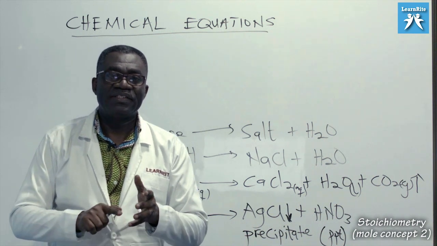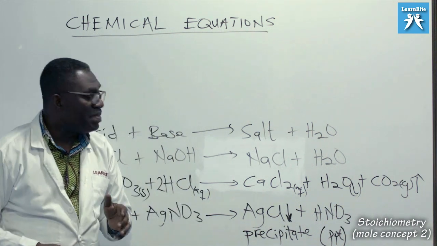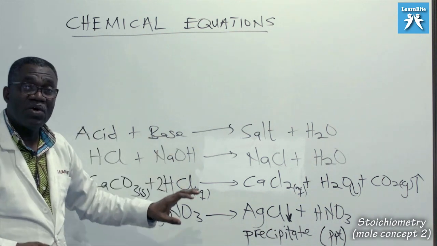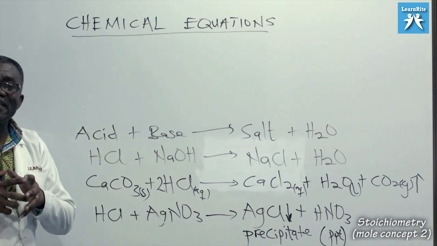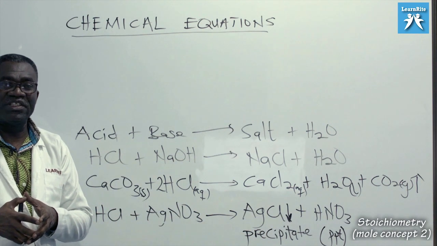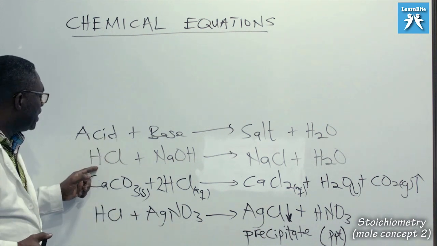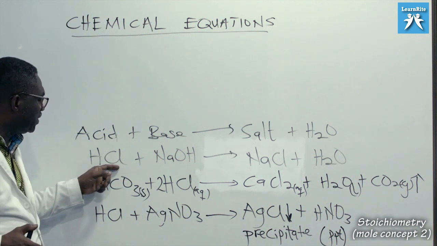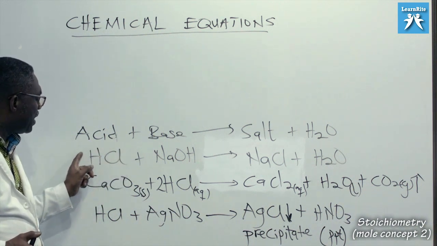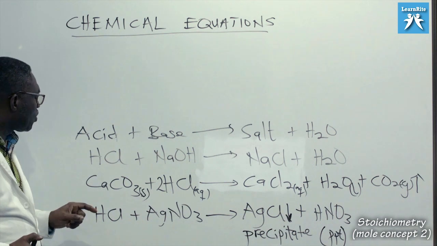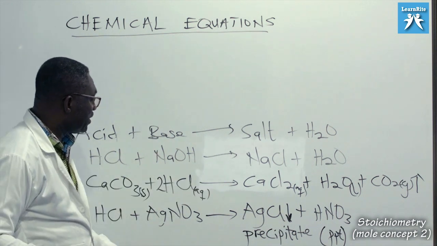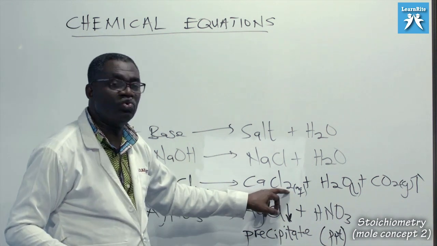One, the symbols of the compounds in the equation must be right. In other words, hydrochloric acid is written by the formula HCl. Calcium chloride, what is calcium chloride? Yes, it's CaCl2.